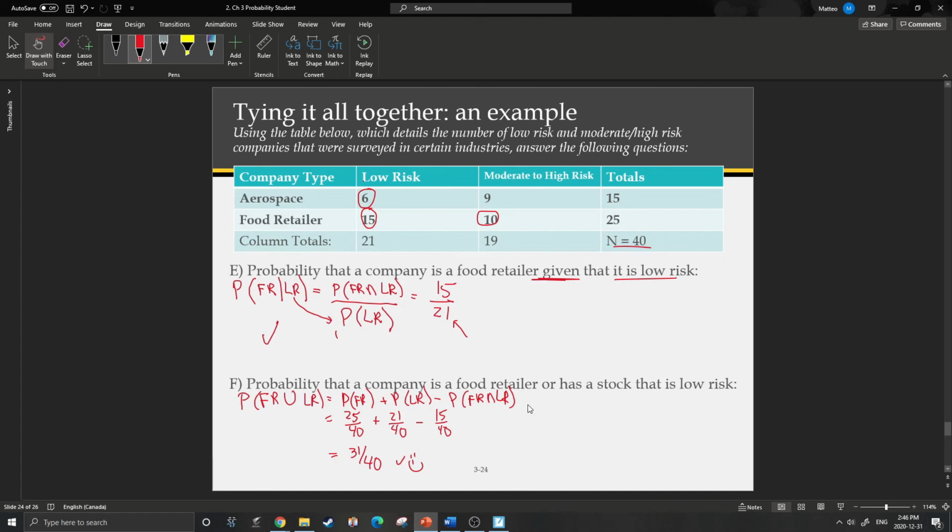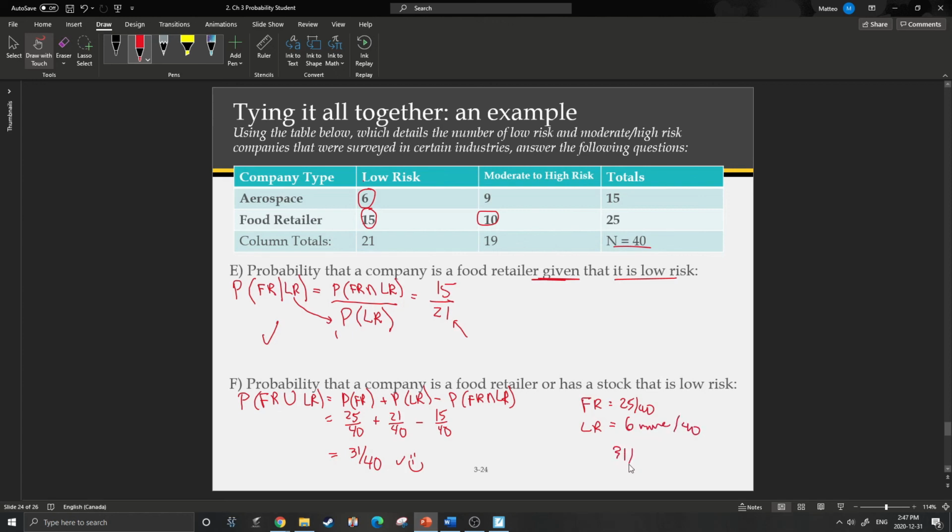Now, the question is, what kind of work do you show if that's how you did it? I suppose you would show the food retailers, there's 25 out of the 40, and then low risk would be 6 more out of the 40.